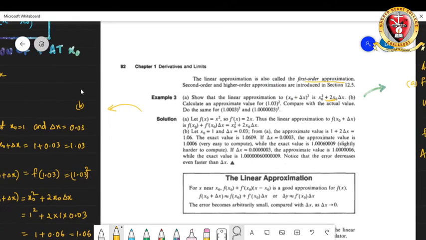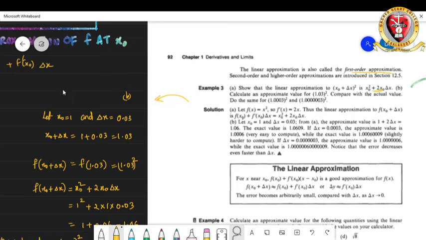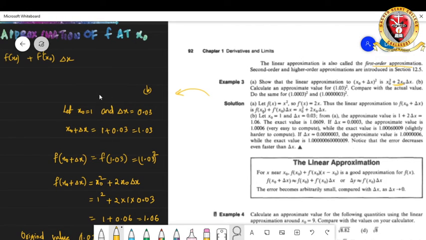Here also the function is f of x is equal to x squared. To find the approximate value of 1.03, we take x naught is equal to 1 and delta x is equal to 0.03. So x naught plus delta x is 1 plus 0.03, which is 1.03. Then f of x naught plus delta x is f of 1.03, which is 1.03 the whole square.